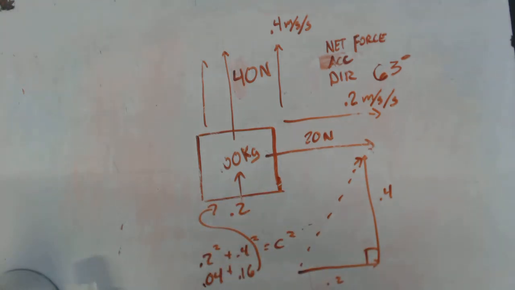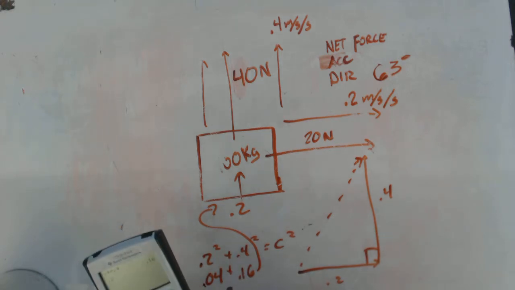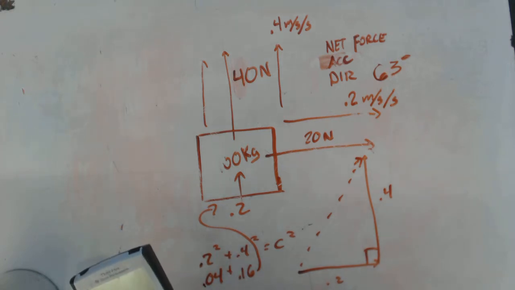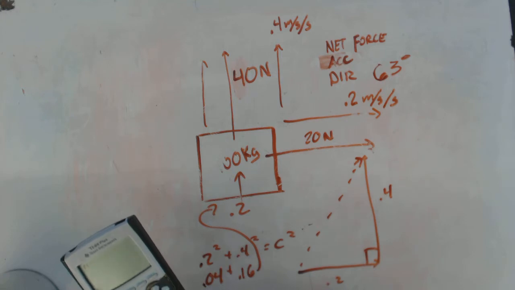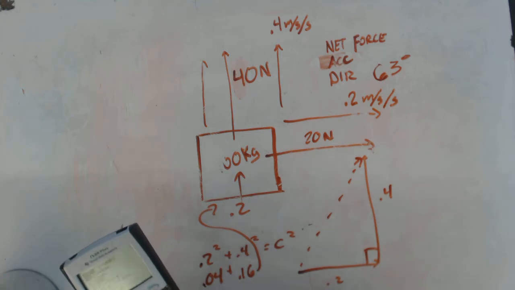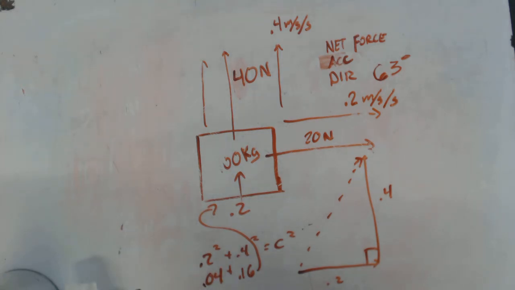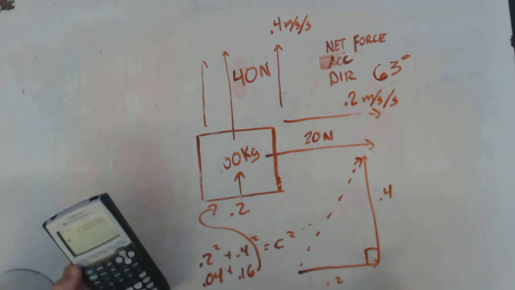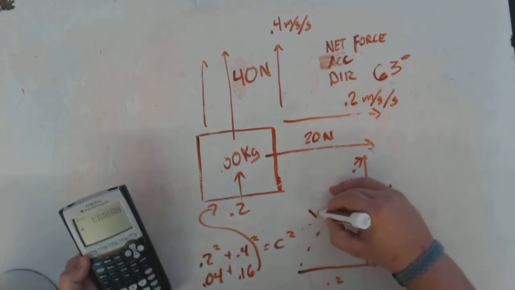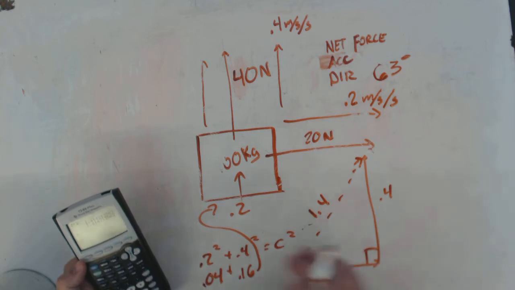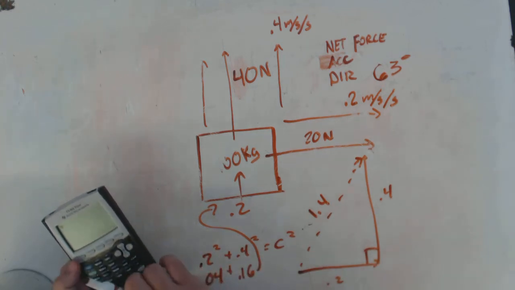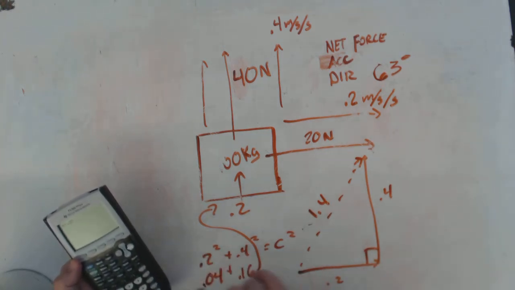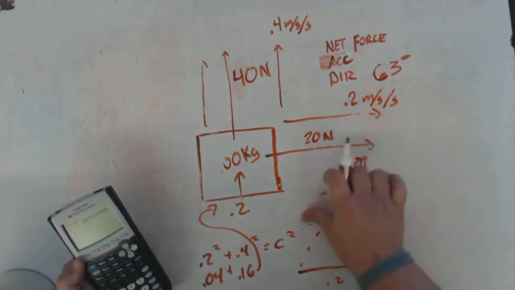Okay, so if I have 0.2 and I want to take the square root of that, I'm going to hit second square root of. Hold off one sec. Okay, so I'm getting this to be 1.4. No, that can't be right. I screwed that up. How about 0.44?